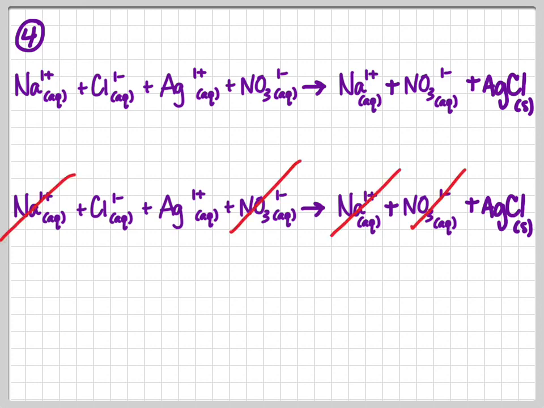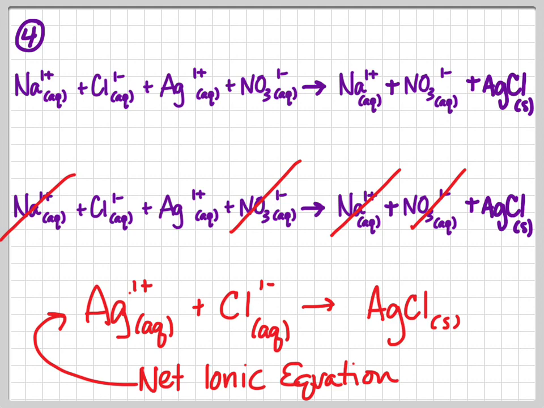Well, it shows chloride and silver ions reacting to form silver chloride. That is my net ionic equation. And when you're doing these, you do want to both show this and this net equation, so you do need to rewrite it. That's it.